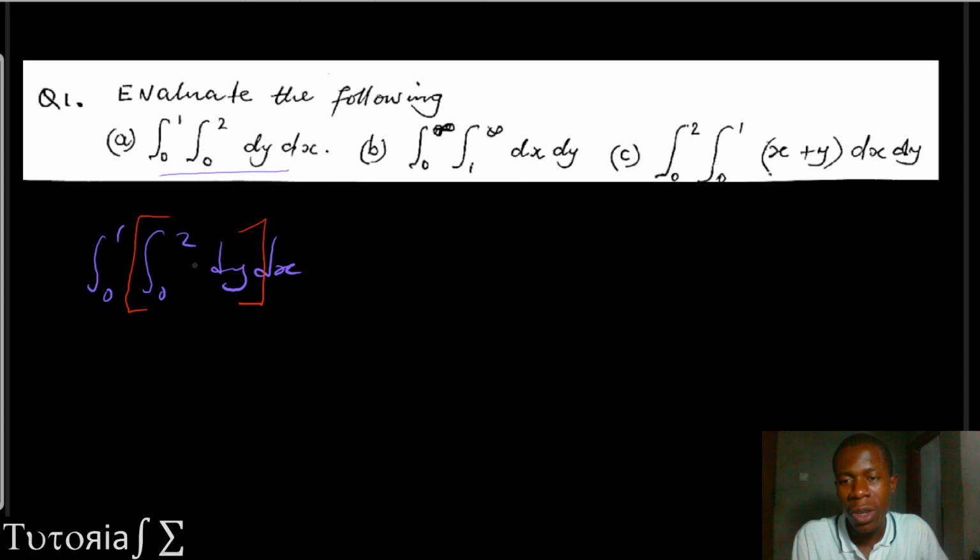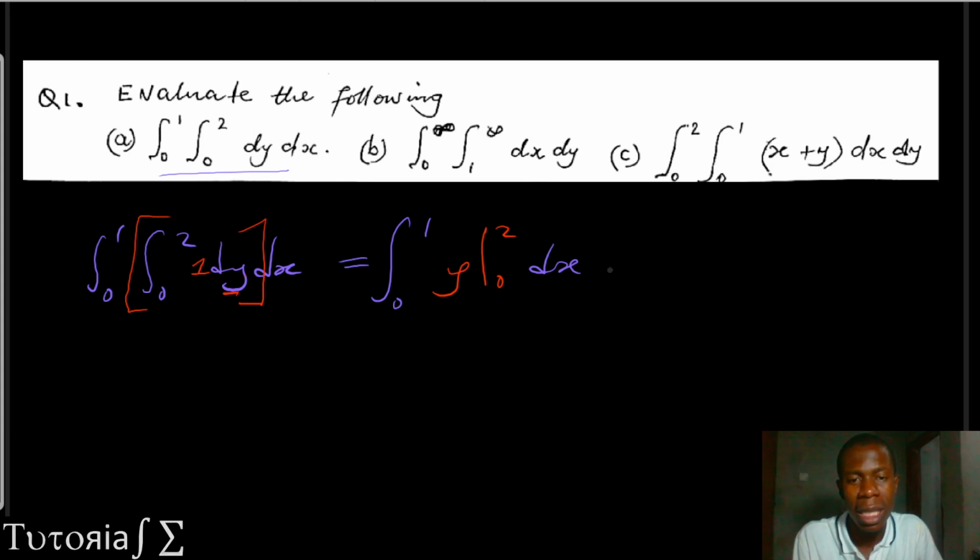So you're integrating this with respect to y. The outer part will remain as it is. So this will be equal to the integral from 0 to 1, then the inner part will be y, because the integral of 1 is basically just y, and we are putting in the limits from 0 to 2, and here we're going to have our dx.